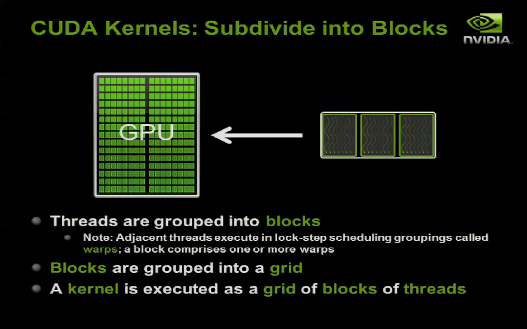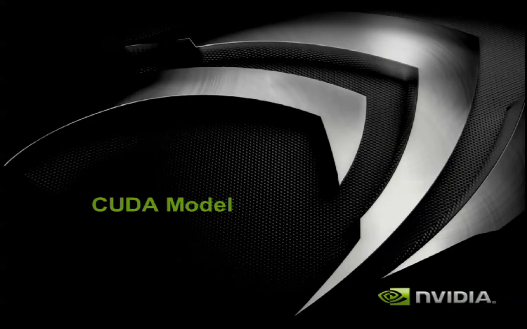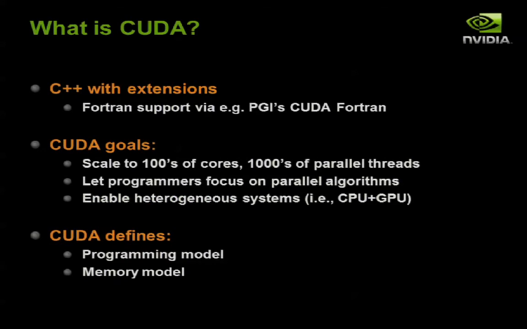Now, first I just want to talk about the overall model. This is somewhat of a repetition of what Alistair already mentioned yesterday, but it's so fundamental it might be helpful to hear it a second time. So what is CUDA? Since CUDA was introduced, there has been a shift.